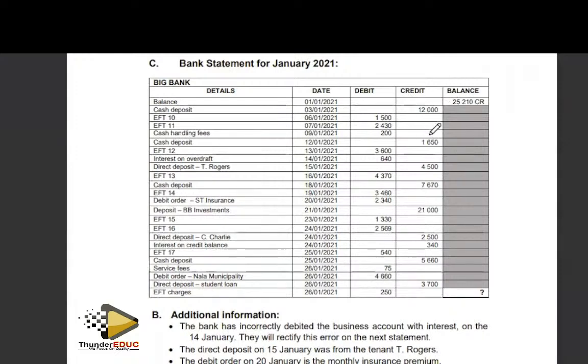Reason of that, at this level, let me just give you a clue. By the way, this one confuses students because they think that whenever money comes in, we have to credit. But remember, this statement is not for you, it's for the bank. So whenever you put money in the bank account, it means that the banker is owing you that money. It's not their money. So you are increasing a liability to them. You understand? So remember, a liability increases by crediting and decreases by debiting. So that's why whenever you deposit, they credit.